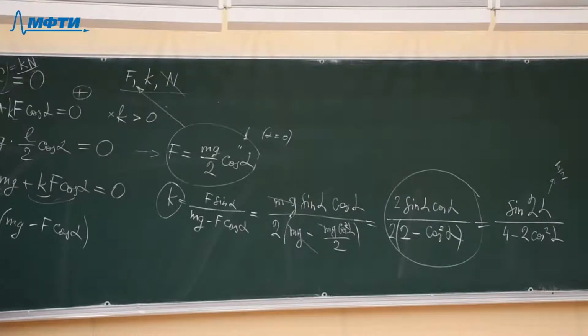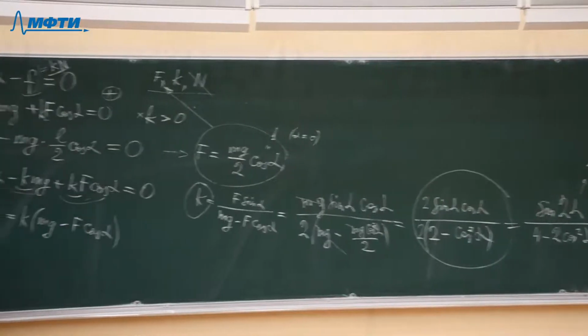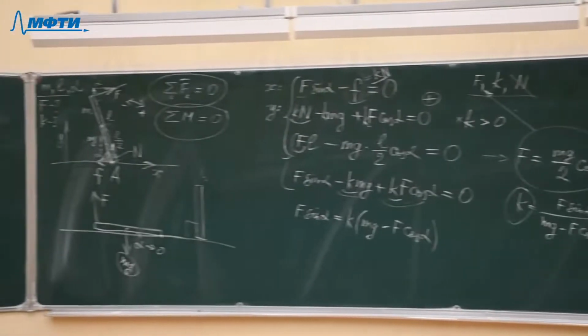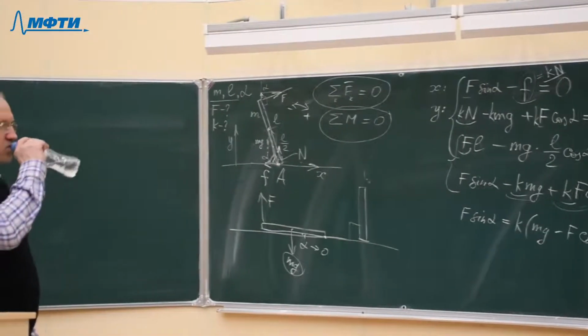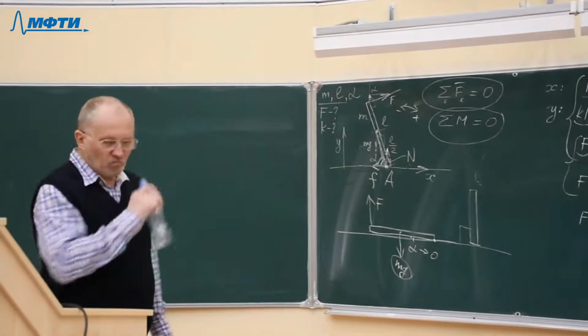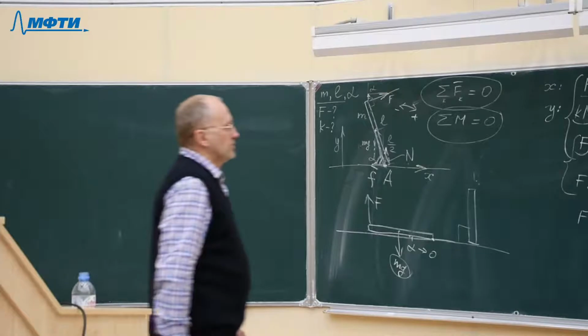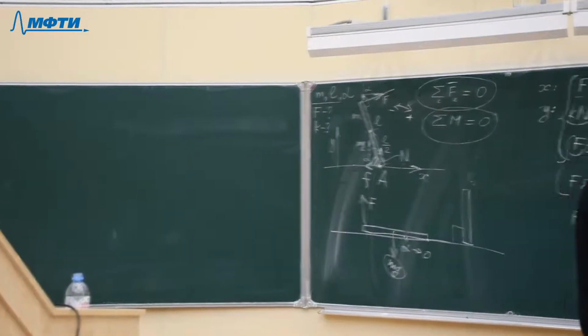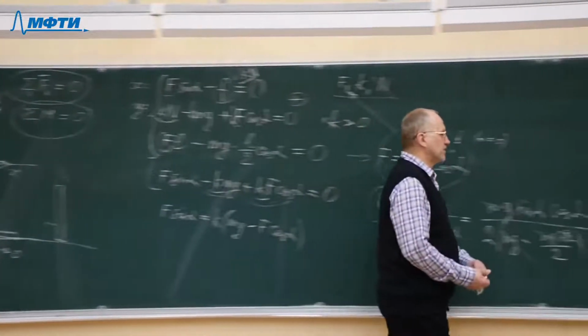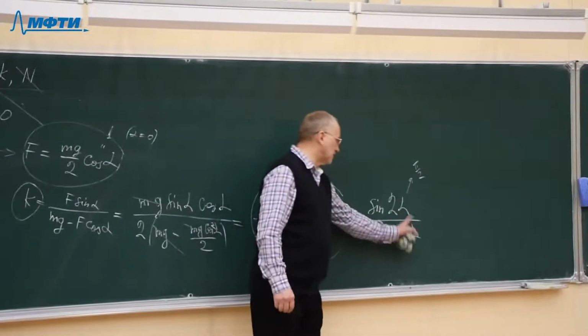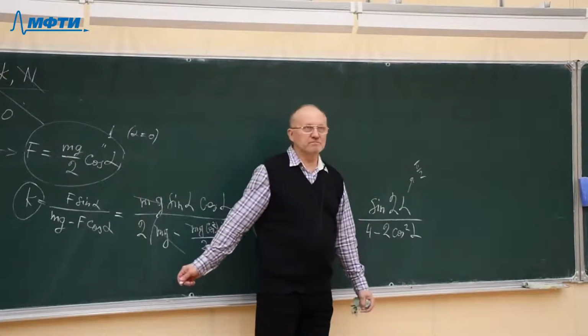But there is one thing to be discussed about this coefficient of friction. We see from this formula that the coefficient of friction depends on alpha. It's not constant.